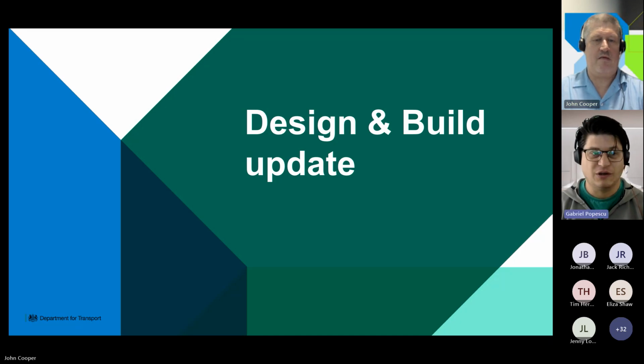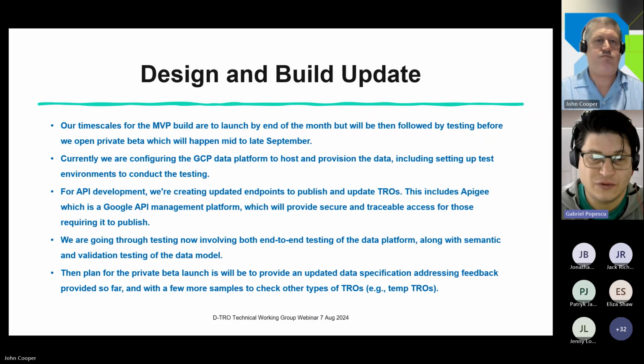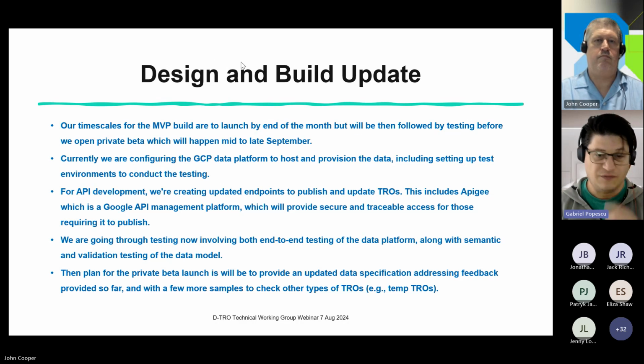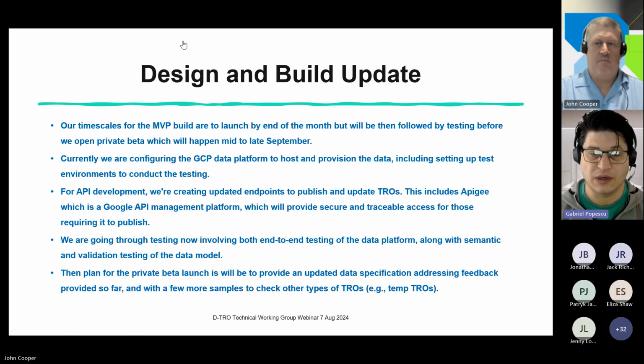Okay, thank you, JC. Hello, everybody. Thank you for being here. On this slide, I know there is a lot of wording, but let me go through it because I believe it's important for us to be clear on how we're going to do the build and what the updates are. Our timescale for the MVP build is to be at the end of the month, followed by testing, and private beta will happen mid to late September.